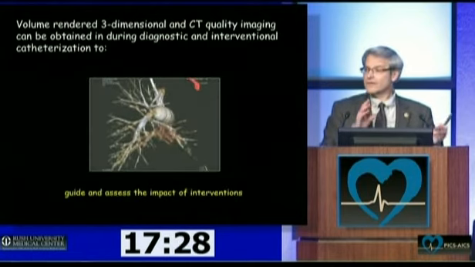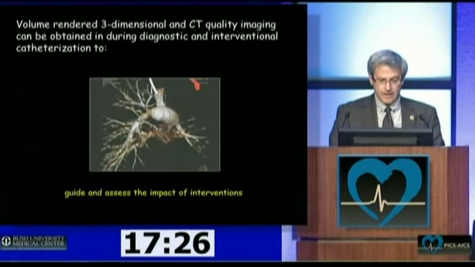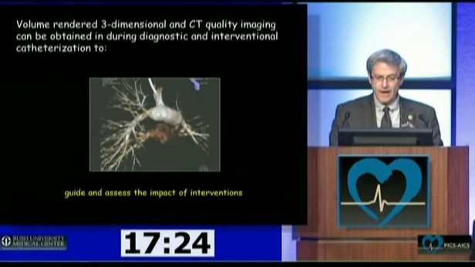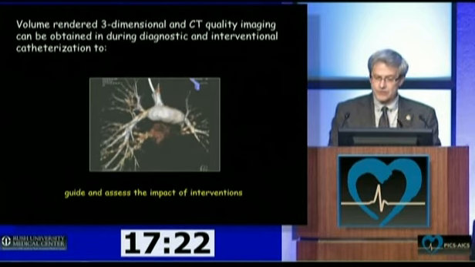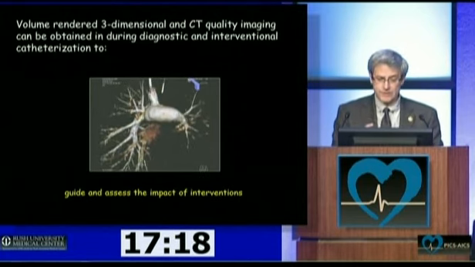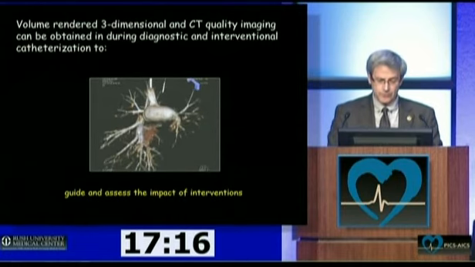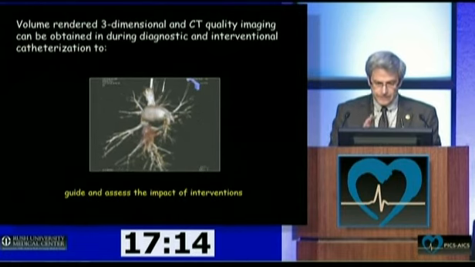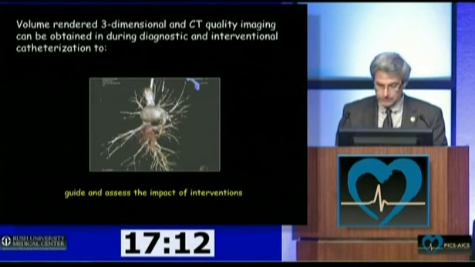And then finally, you've all seen images like this of how the acquisition will allow you to better define, particularly in the pulmonary arteries, where you might have to do an intervention. So it does impact the way we approach the patients.